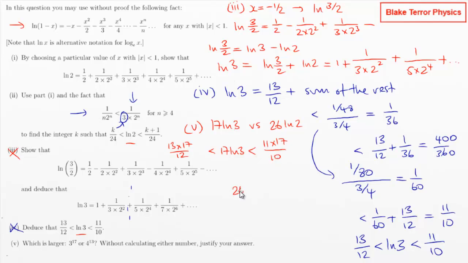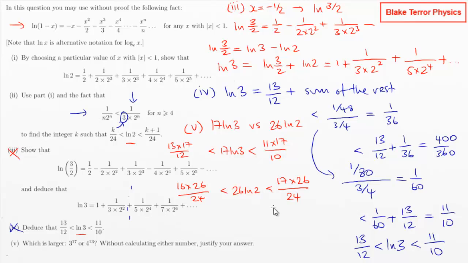And we've got 26 log 2 is between, what did we have, 16 on this, didn't we? So we've got 16 times 26 over 24. Is that right? Yeah. And we've got 17 times 26 over 24.